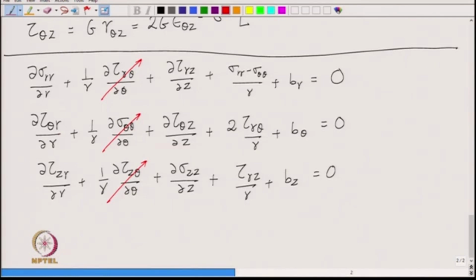So, we know that that is 0. So, its derivative is also 0, then this term is also 0, right. Then tau r z is also 0. So, this also becomes 0. So, you see there are lots of cancellations, and this all happened due to axisymmetry.